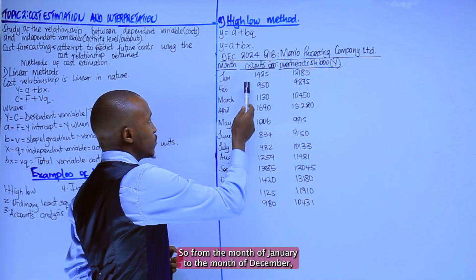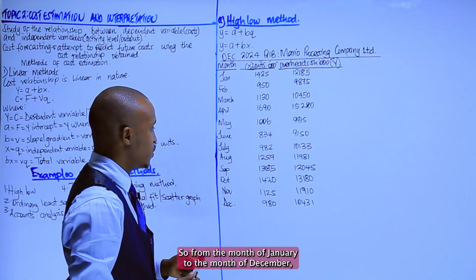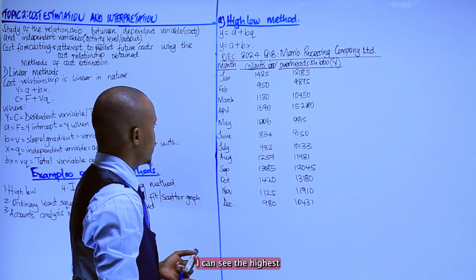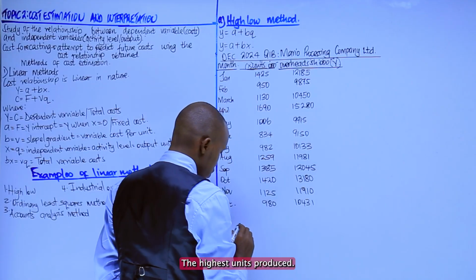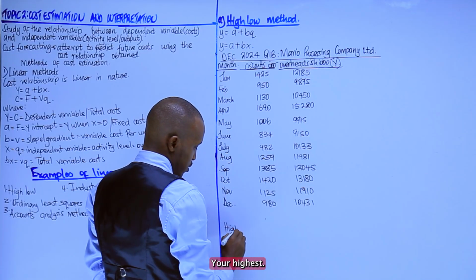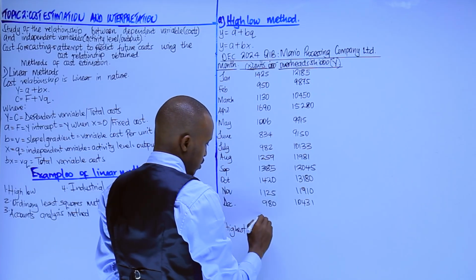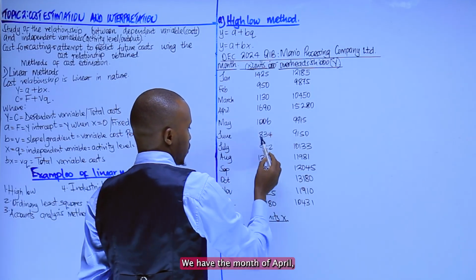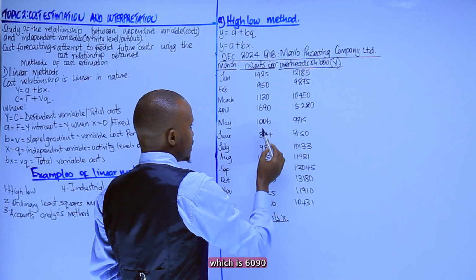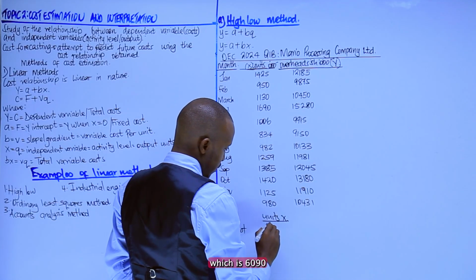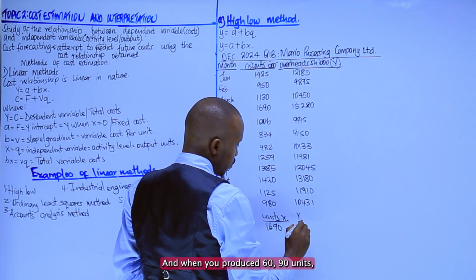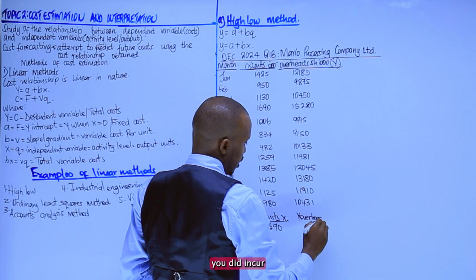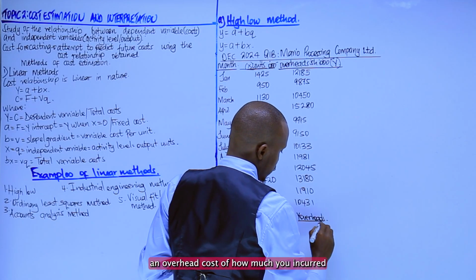So from the month of January to the month of December, I can see the highest units produced, the month of April, which is 1690 units. And when you produce 1690 units, you did incur an overhead cost of how much?